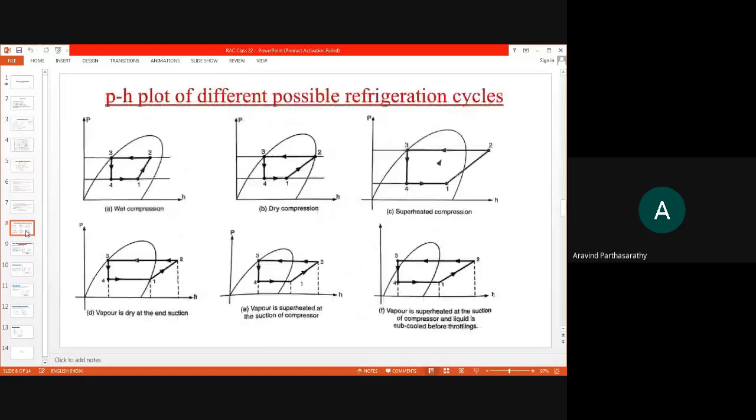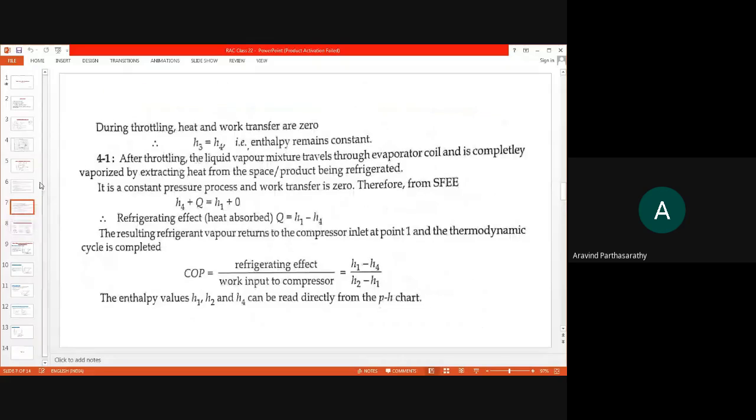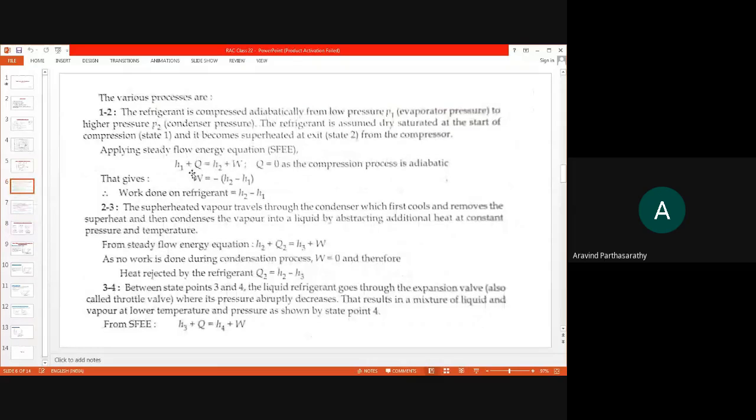So in H1 plus Q equals H2 plus W, here Q is not available, because Q is not part of the compression process. During the compression process, 1 to 2, heat is not added, only work is added.